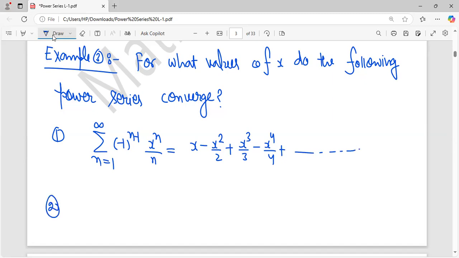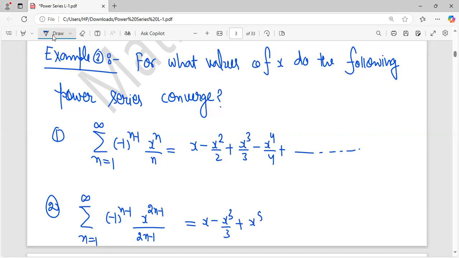Second example is summation n goes from 1 to infinity of (minus 1) to the power n minus 1 x to the power 2n minus 1 upon 2n minus 1, that is x minus x cube upon 3 plus x to the power 5 upon 5. Okay, so this is this.